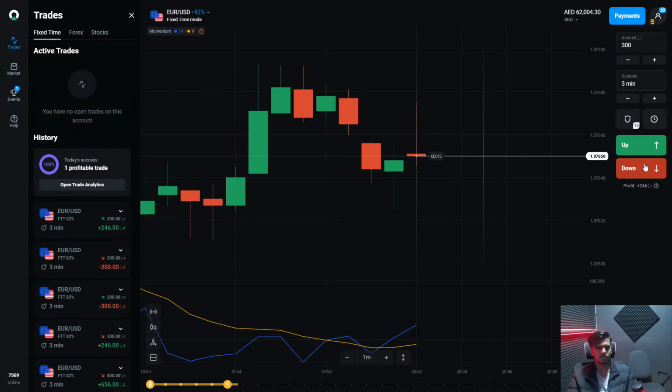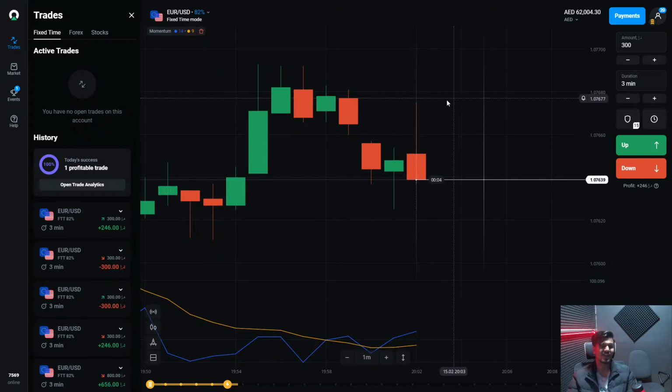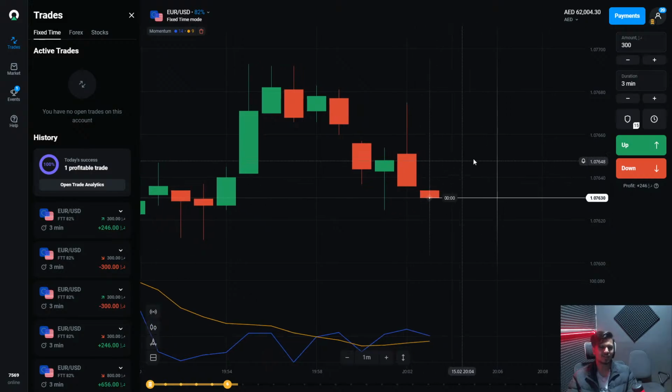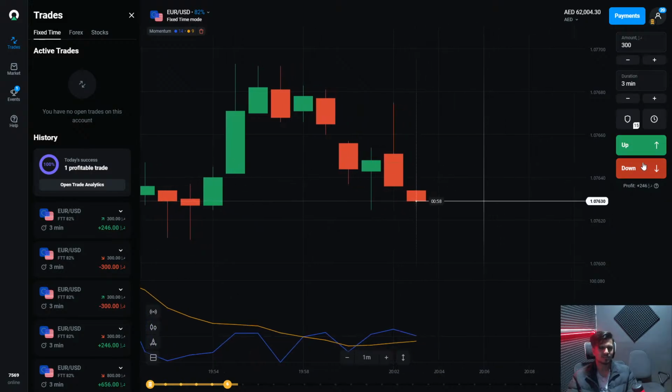Oh, it came back downward. Wow. Now it's trying to move downward. Amazing. It reached here, then it came back downward here. From here to here, within just 2-3 seconds.